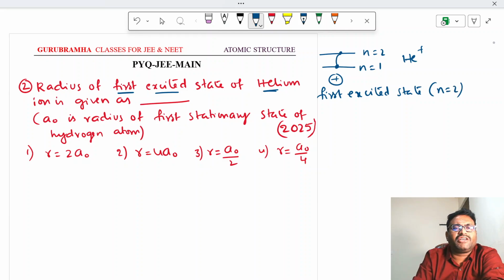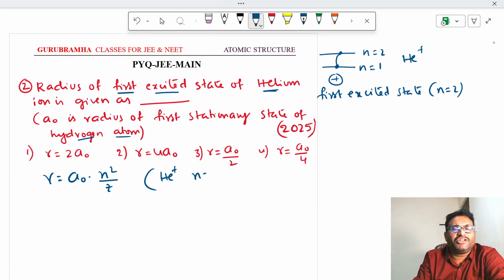So radius of the first excited state of helium ion is given as, where A0 is the radius of the first stationary state of hydrogen atom, which is also called Bohr's radius. And we have the formula R is equal to A0 into n square by Z. Here asked He plus, n is equal to 2, first excited state, and Z is also 2, because helium's atomic number is 2.